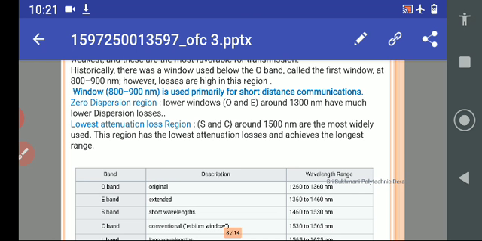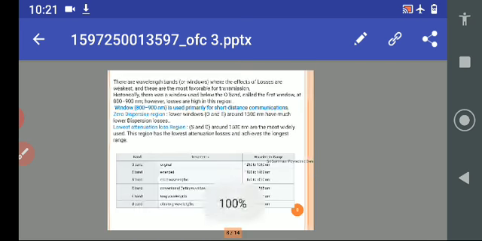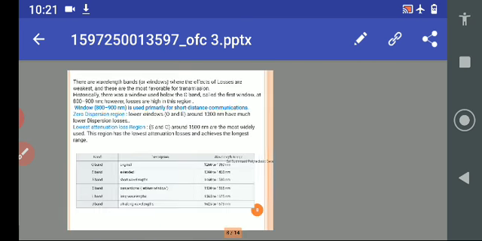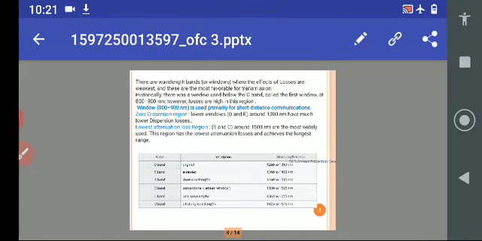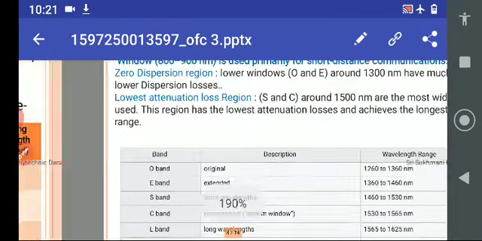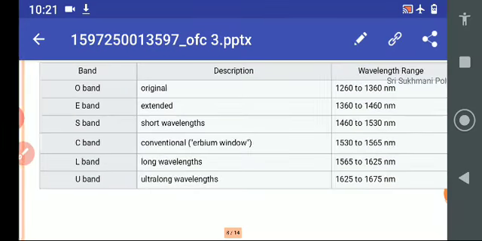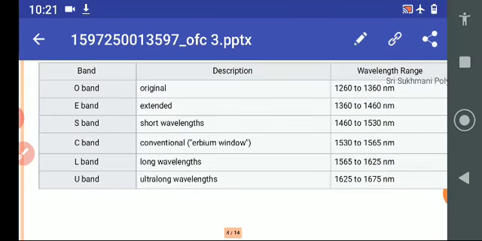S band, shorter wavelength, 1460 to 1530 nanometers. Similarly we have C band, L band, and U band. U band is ultra long wavelength, having wavelength range from 1625 to 1675 nanometers.